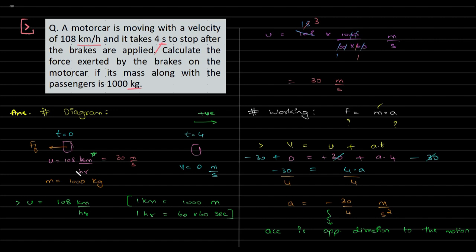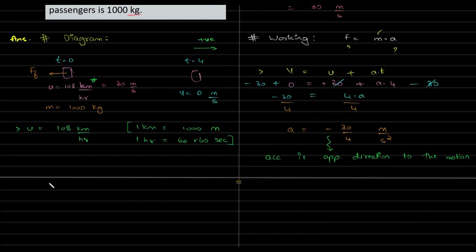Okay, now all we have to do is calculate force, which is nothing but mass, which is 1000, into acceleration, which is minus 30 by 4. Right? See, you can see the power of not calculating things. We can carry it across because this is not the final answer. Remember, acceleration is not the final answer. That's why I didn't do any cancellation over there. We can now cancel things out easily.